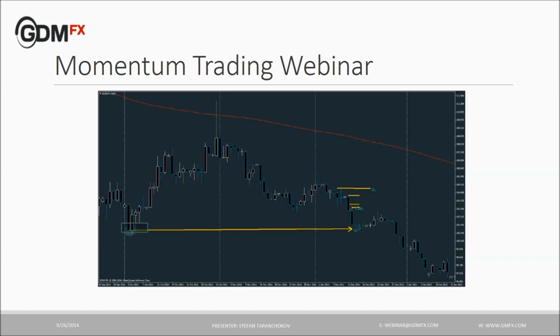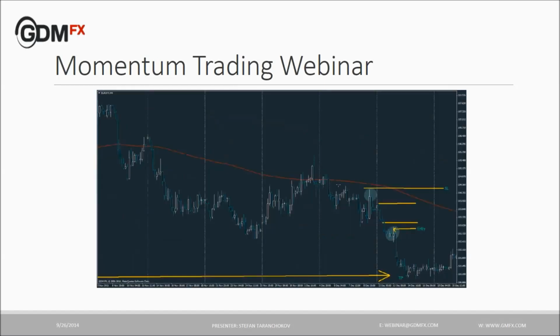Therefore, I entered the take profit at this level. Stop loss here, because this price level has been tested several times, including in the last week, right here.